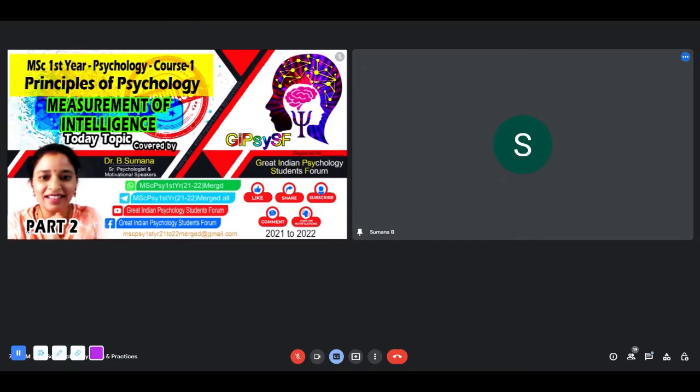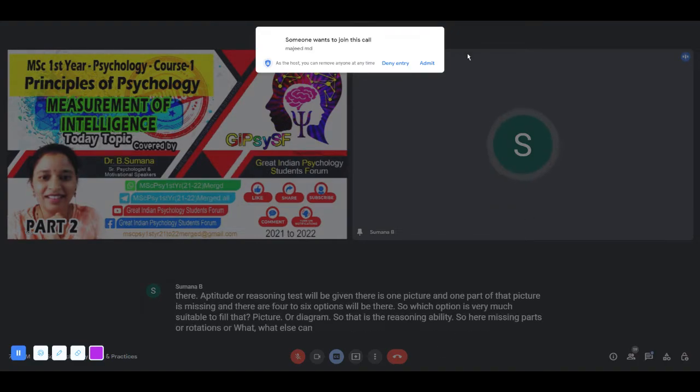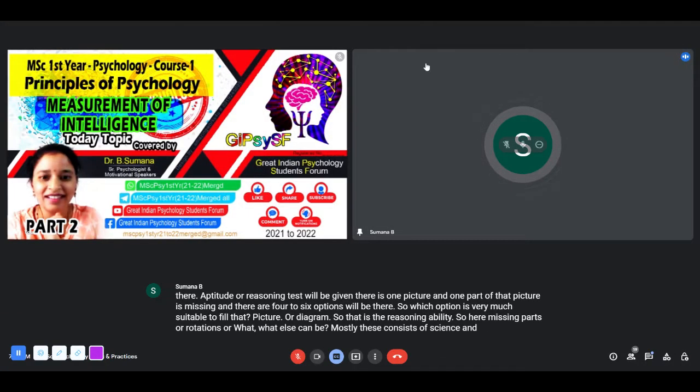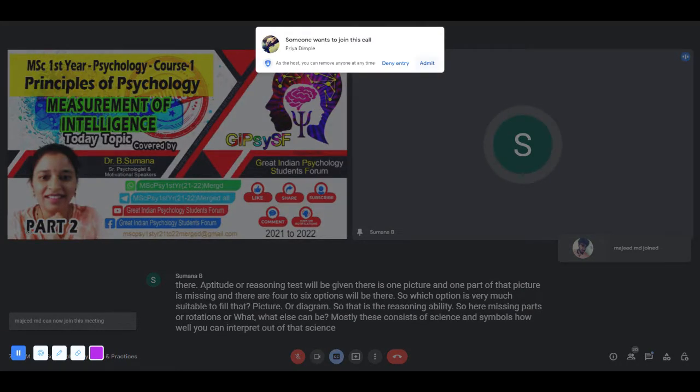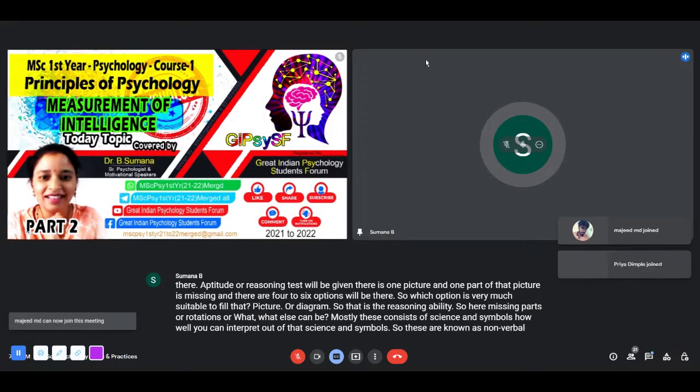Option A to flat or parallelogram. Mostly these consist of signs and symbols, and how well you can interpret them. So these are known as non-verbal tests.